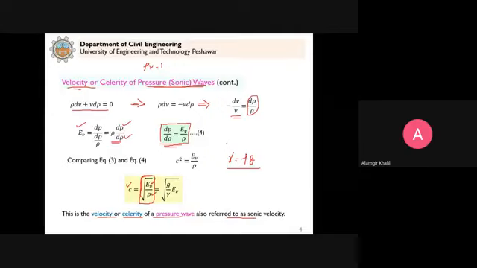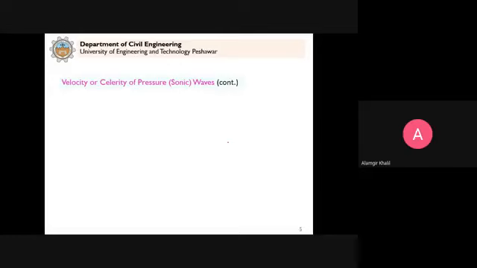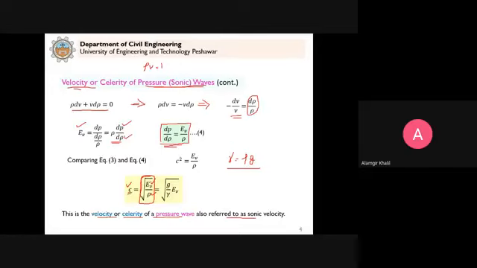Clear? Now in this equation, we consider only the fluid to be elastic. This equation, which gives us the velocity of a pressure wave that will travel through the fluid, is also known as celerity. Why is it called celerity? Because this is the velocity of a pressure wave, and you already studied about the nature of waves in school and college, in the physics course.